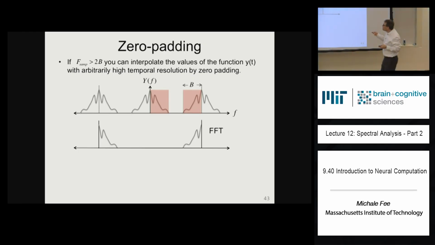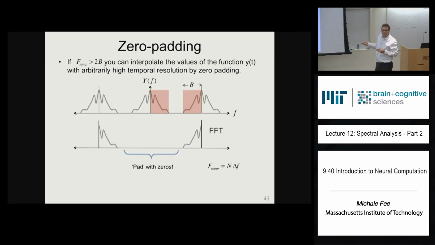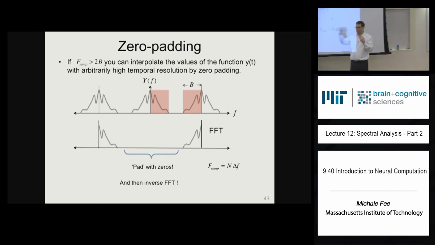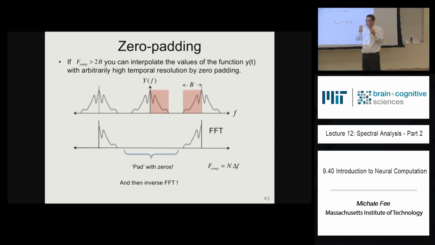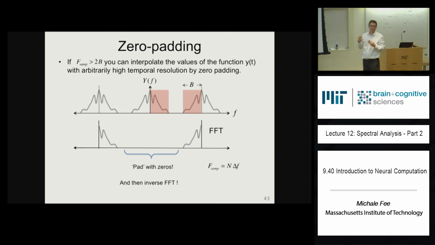And then we inverse Fourier transform this. You can see that you have a longer array. When you inverse Fourier transform, what you're going to have is your original samples back plus a bunch of samples in between that interpolate, that are measures of the original signal at the times where you didn't measure it.